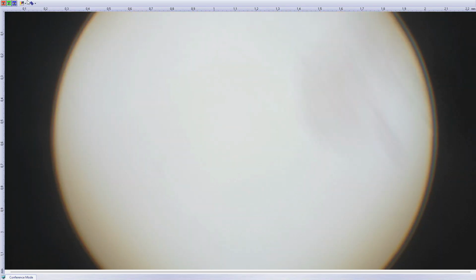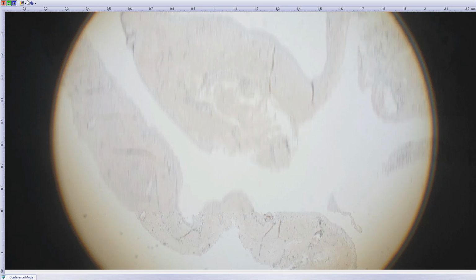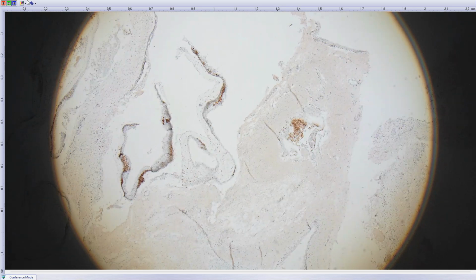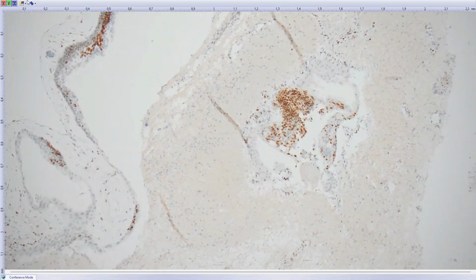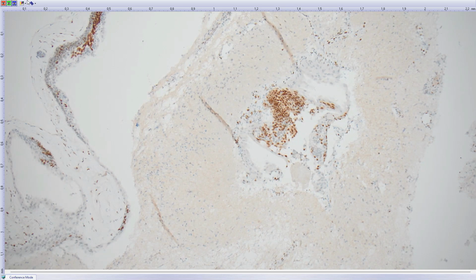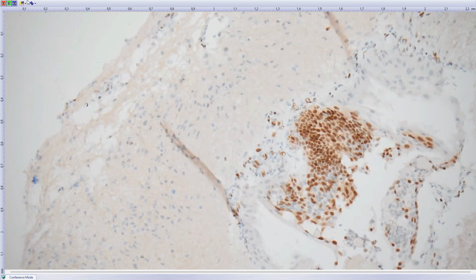So I have tried for the first time LEF1 antibody instead of beta-catenin in this case, and this is why I brought the case, because it's much easier to find these solid whirling foci having this nice nuclear expression. So LEF1 antibody is better compared to beta-catenin.